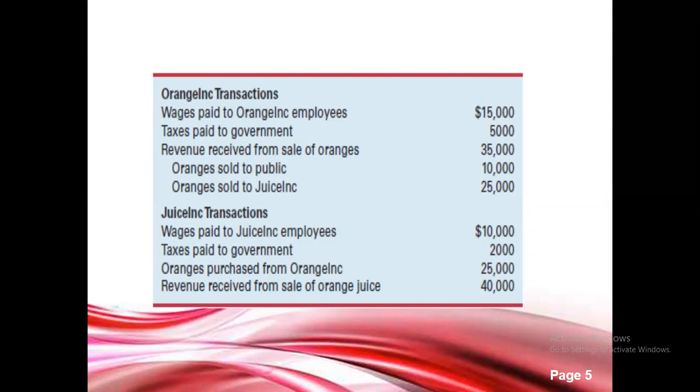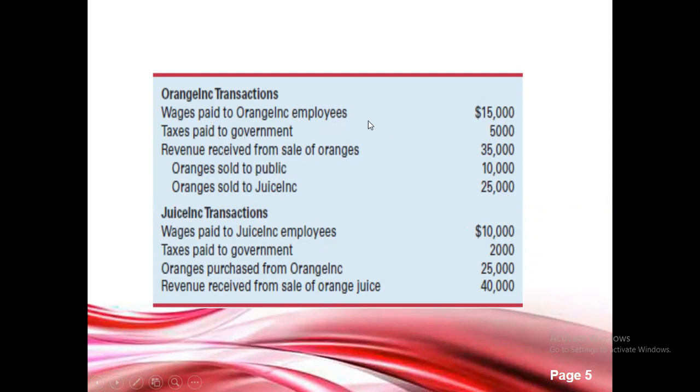With the help of this example, let's suppose there are two companies, Orange Incorporate and Juice Incorporate. These are the transactions of these two companies, a simplified transaction where you can see their revenues and their expenditures. Orange Incorporate transaction: let's suppose the wages paid to Orange Incorporate employees are 15,000.